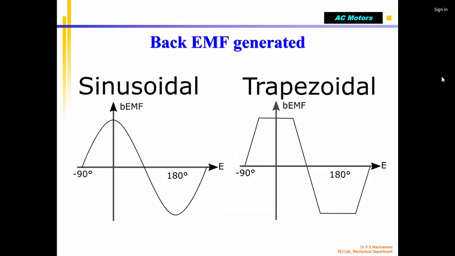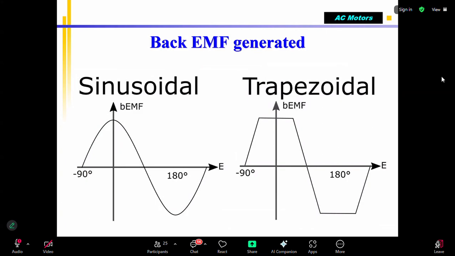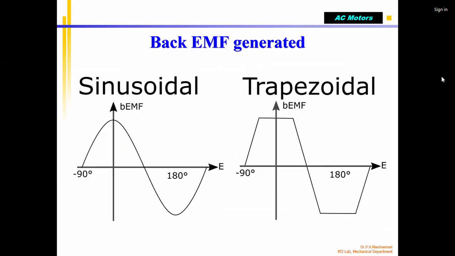If it is wound sinusoidally, then the back EMF generated in the stator coil by the rotor magnet will be this one. Of course, you are going to supply an AC voltage to the stator coil. That voltage will be sinusoidal, correct? In the PMSM, it will be sinusoidal. If it is this one, trapezoidal, that is the other model.